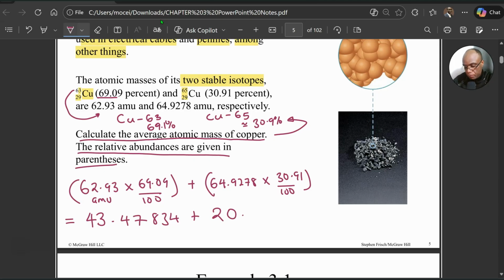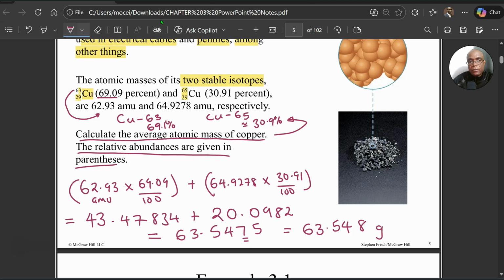That one is 20.0982. And then I add them together. Okay, the number I'm getting here is 63.5475, which of course I can approximate to 63.548 grams. That's the average mass of the two isotopes.